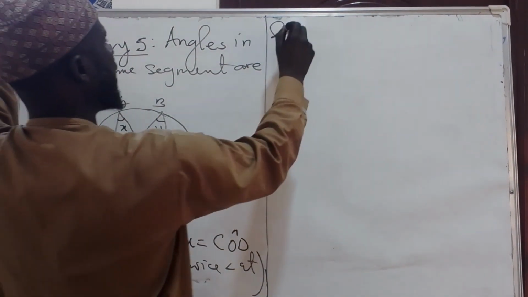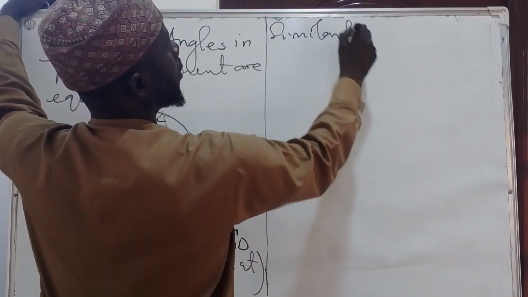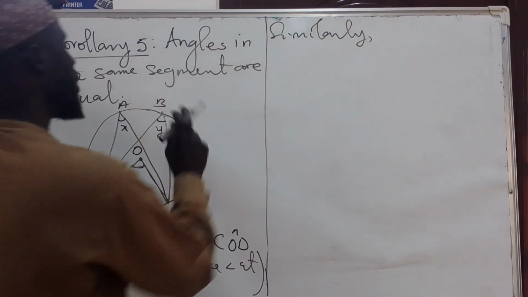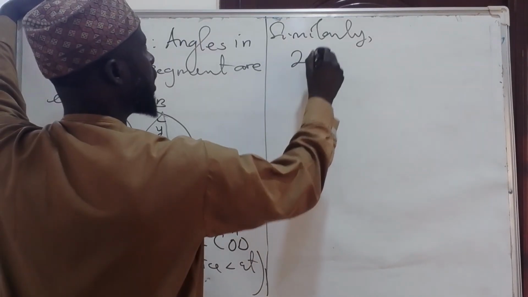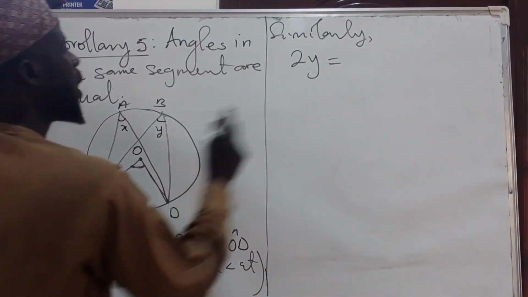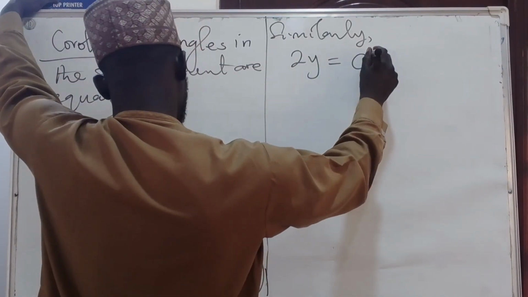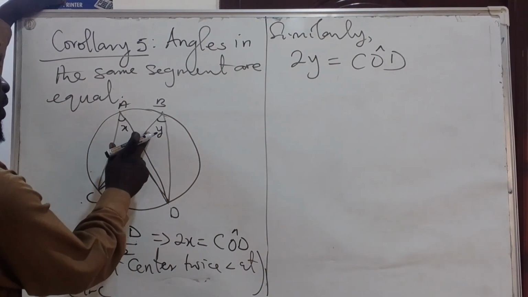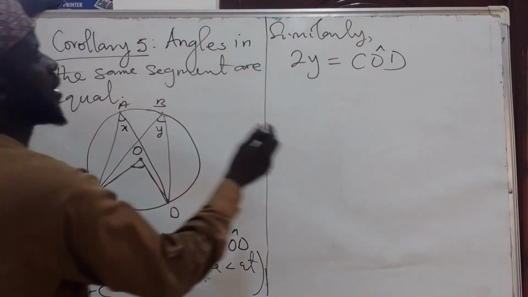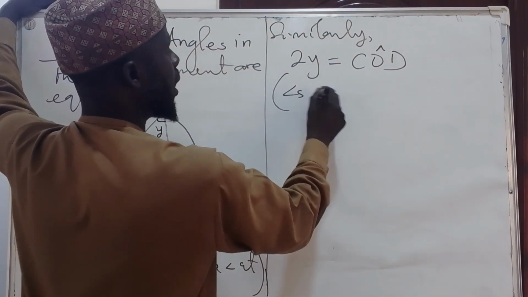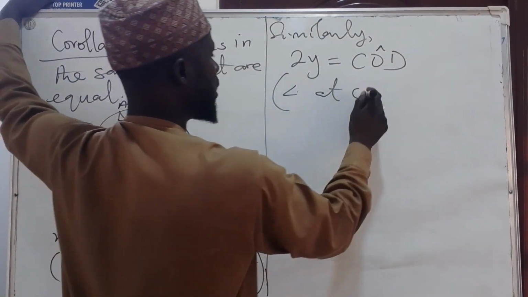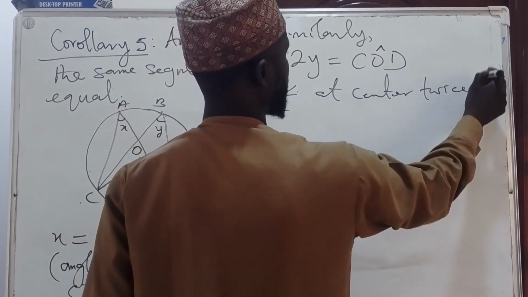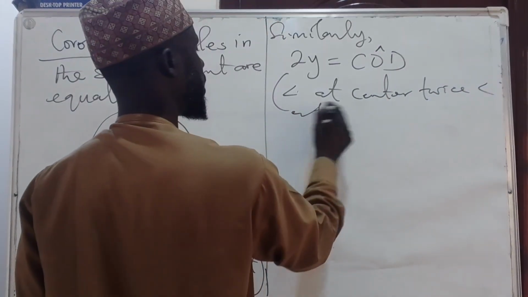Similarly, in the same way, this angle y, 2 times y will be equal to angle COD. The same reason, this is half of this: angle at center twice angle at circumference.